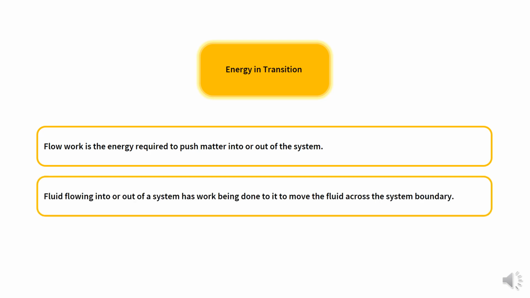A fluid flowing into or out of a system has work being done on it to move the fluid across the system boundary. And the integral form that relates work, the force, and the differential distance dx can be written as the equation below.